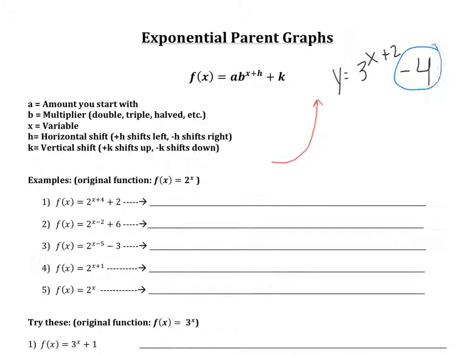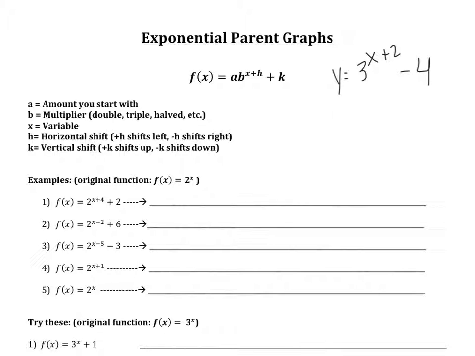Since we have a negative here, it's going to shift it down 4 units. So it looks something like this, shifting it down 4 units on a graph. Same graph, just shifted. The point here is that all of this is just shifted, and not changed in any way.